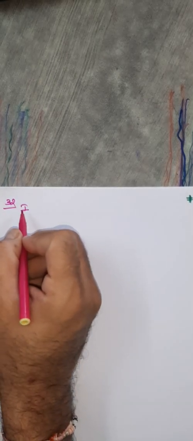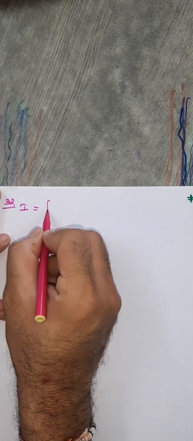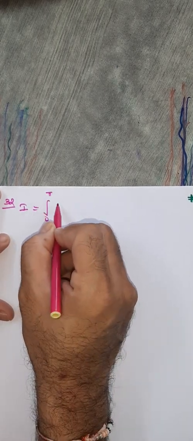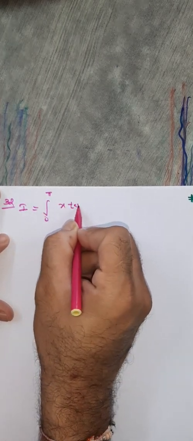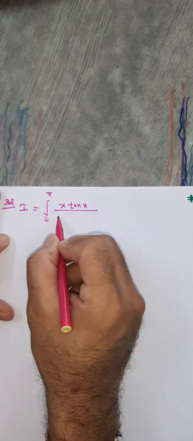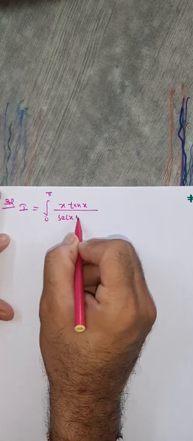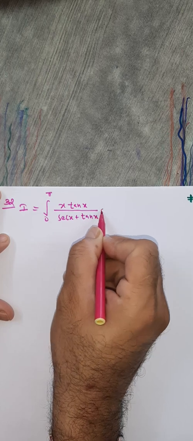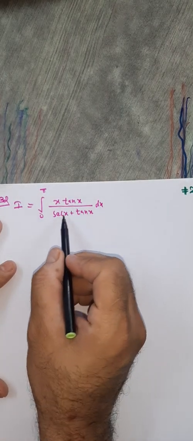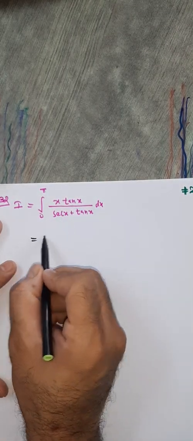Next question, 32. I equals integral 0 to pi of x tan x upon sec x plus tan x. Now we'll just convert into sine cosine first. Everywhere I'll write in form of sine and cos. So this will be sine by cos, 1 by cos, sine by cos.